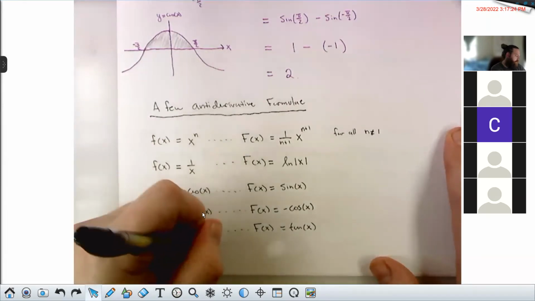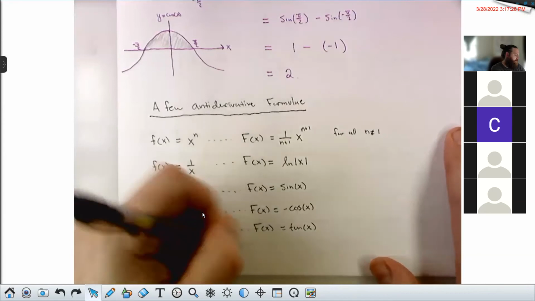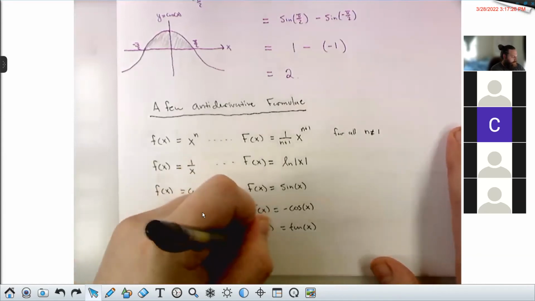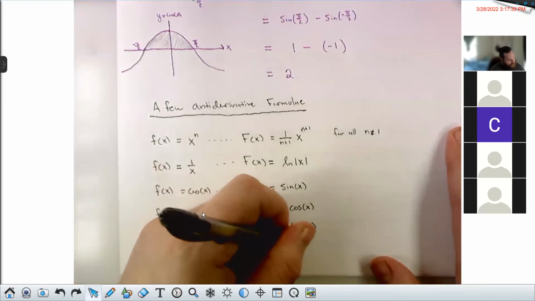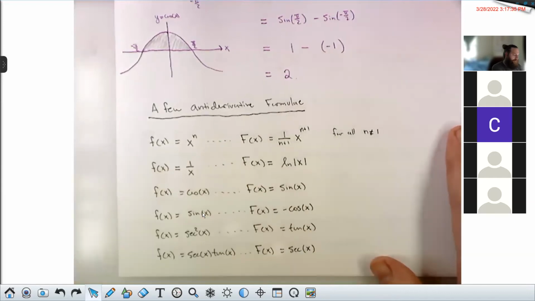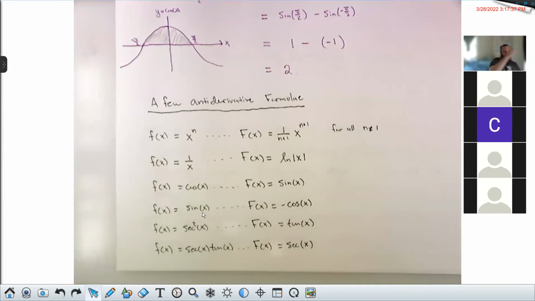And secant tangent would have antiderivative secant. Also the inverse trig functions, right? Which you know, there's a corresponding antiderivative for every derivative. I'll leave it at this for now.